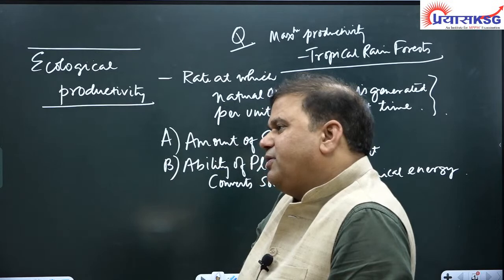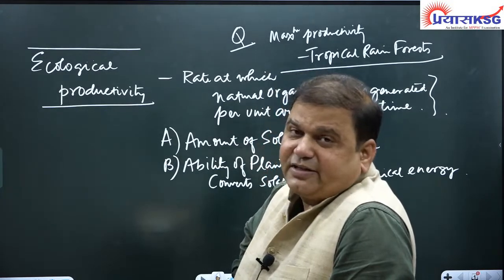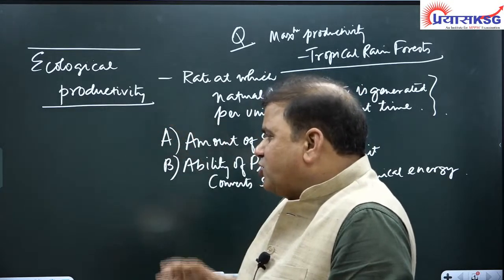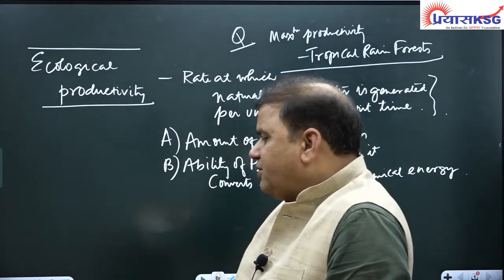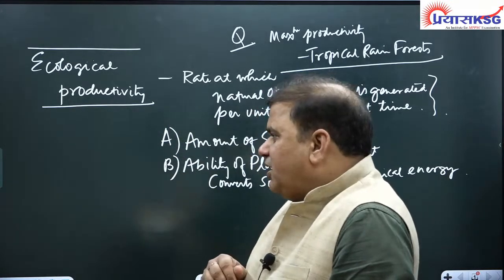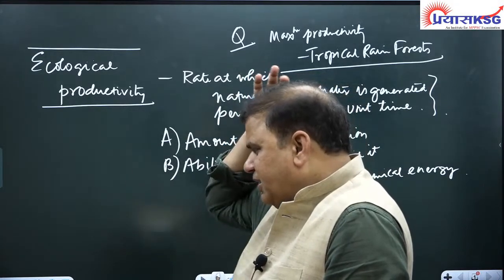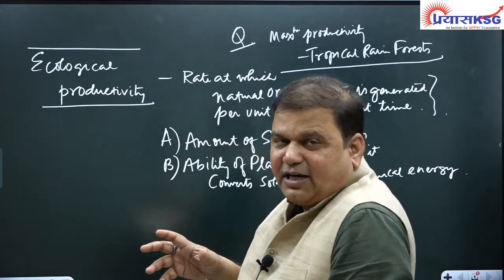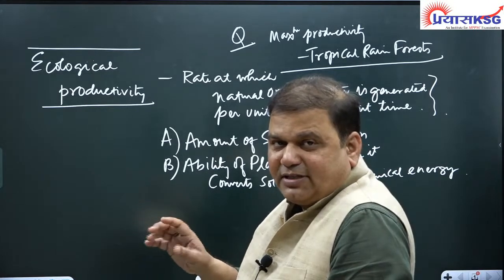First factor is that solar radiation is obstructed by the water body. And the second factor is lack of nutrients in saline water. So that's the reason why ecological productivity of oceans is less.